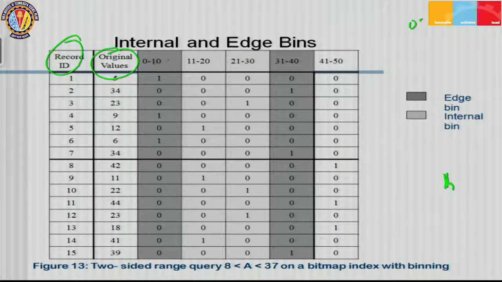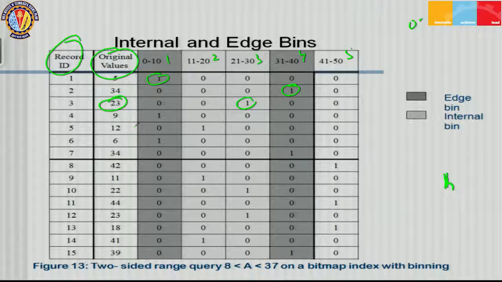So we have created 5 bins: 0 to 10, 11 to 20, 21 to 30, 31 to 40, and 41 to 50. Now to create this bitmap, the value 5 comes under 0 to 10, so we put a 1, and the rest are 0. Similarly 34 comes under 31 to 40. Now 23 comes in the range 21 to 30, so we put a 1 in that bin.